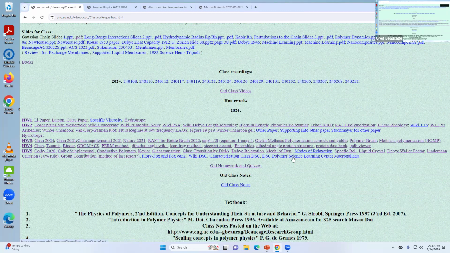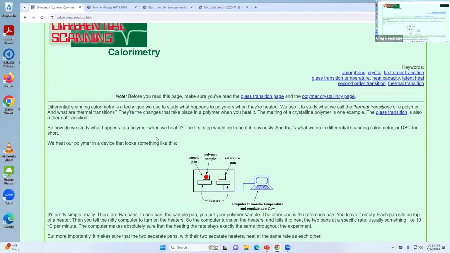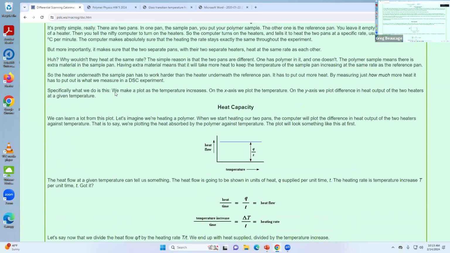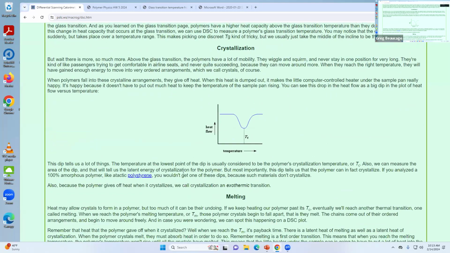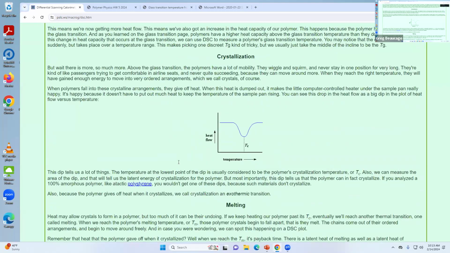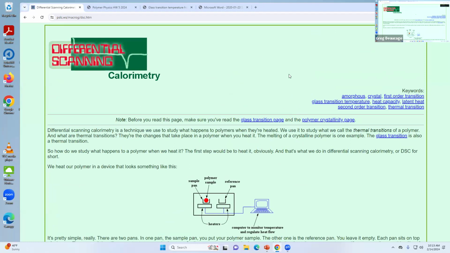So Southern Mississippi made this Macrogalleria thing. It's supposed to be a general interest thing, it shows you what a DSC is. It's kind of like low scale to figure out what all the things are in polymers and plastics. In fact, this has been around a while, so I'm surprised it's still up actually, but someplace you can get to their parent page here.